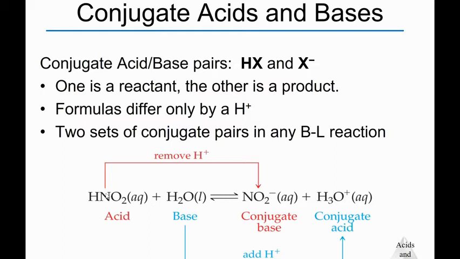So one of the things you'll notice is that the Bronsted-Lowry acid is donating a proton to the water. Therefore, after it donates that proton, it forms something that then can accept a proton. And so its anion, or its complementary pair, is called a conjugate base. Now, water, on the other hand, is behaving as a Bronsted-Lowry base because it accepts the proton. And on the other side of the reaction, it now is capable of donating the proton, so it becomes the conjugate acid.